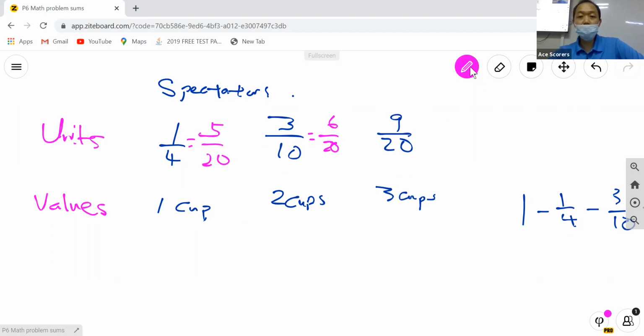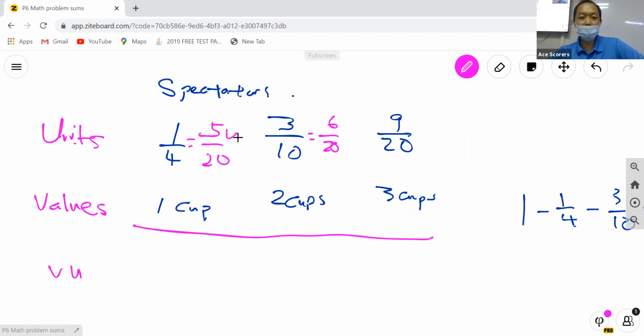Now VU question. What you want to do is to find V times U. Okay, I try to explain. I'm finding VU now. I'm taking value times unit.